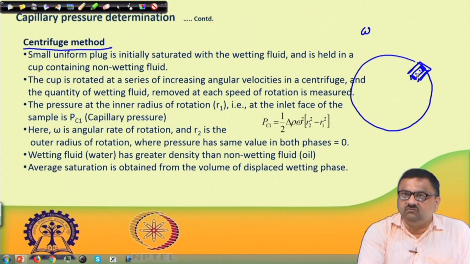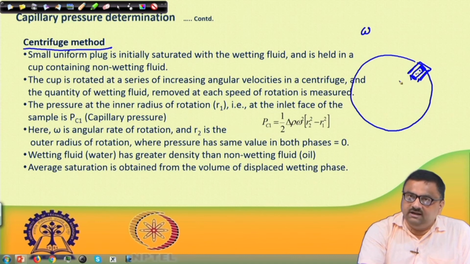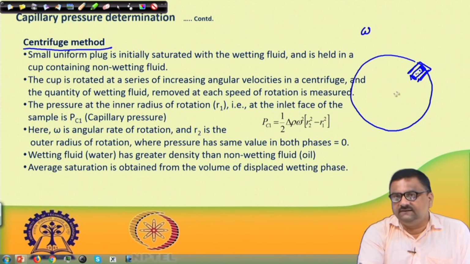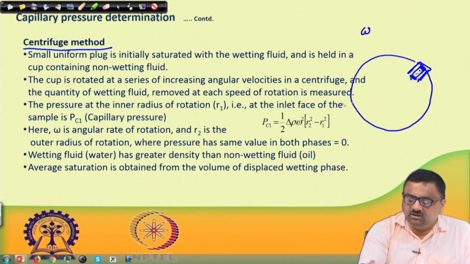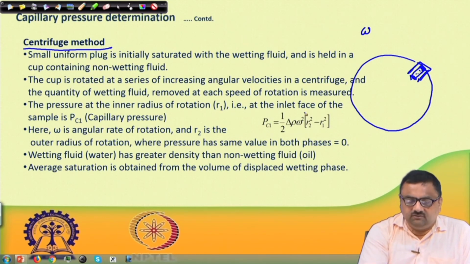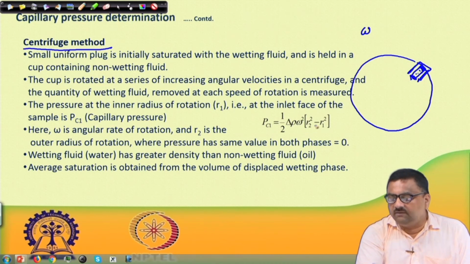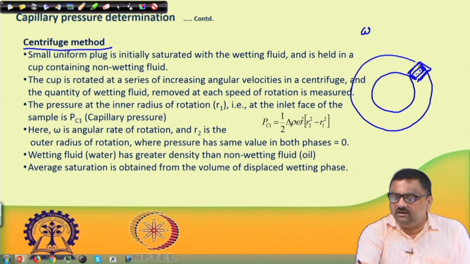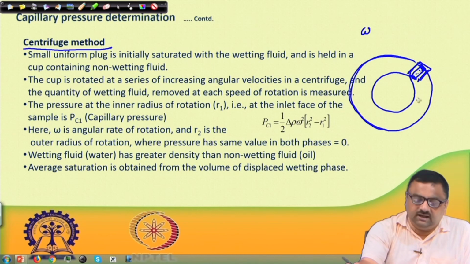Inside it is water, outside it is oil. Oil density is lower, typically say 80% of the density of water. Omega square is the rotational velocity, and this is R1 and this is R2. These are the two radii.